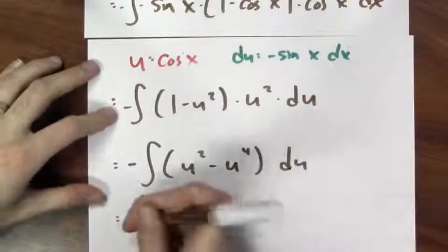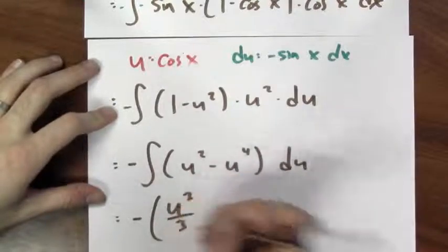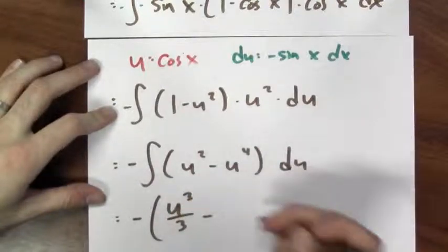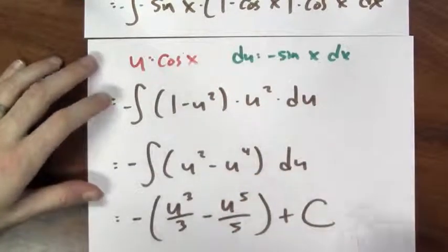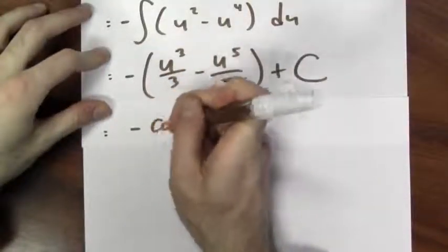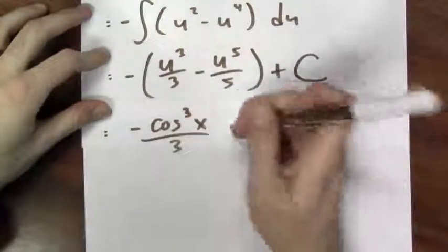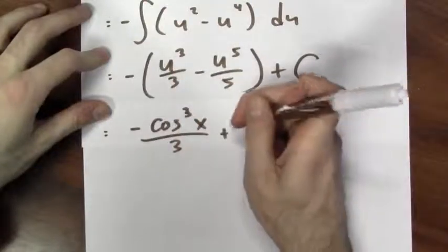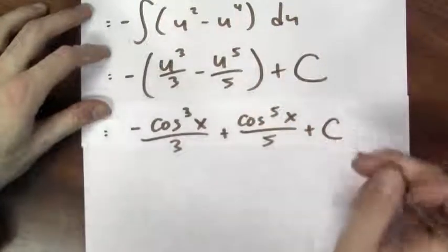So this is minus, an antiderivative of u squared is u cubed over 3, and an antiderivative of u to the 4th is u to the 5th over 5, plus c. Now I'll substitute cosine x for u. And we get negative cosine cubed of x over 3 plus, it's the negative of the subtraction, cosine to the 5th x over 5, plus c.